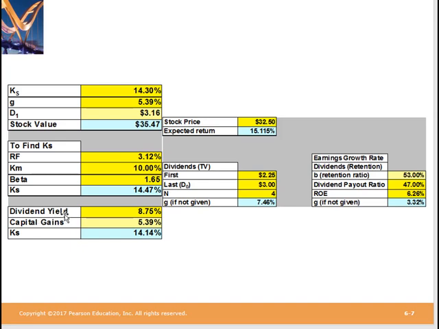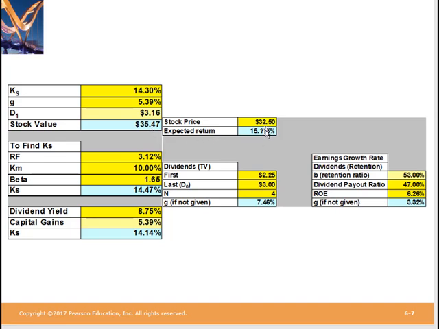The dividend yield is basically provided for us in the data at 8.75%. So using the dividend yield plus capital gain formula, we end up with 14.14%. Again, averaging those numbers, we roughly get 14.3%.